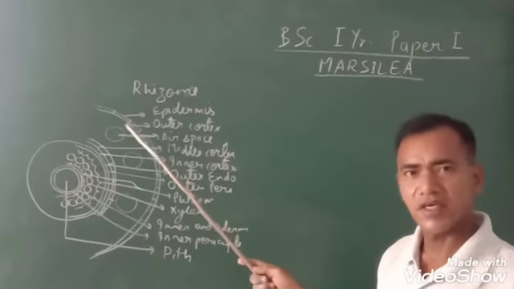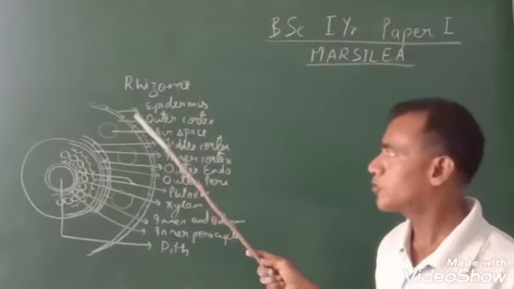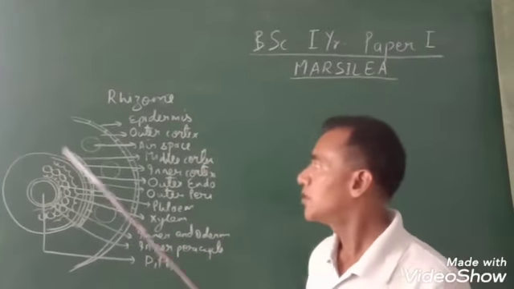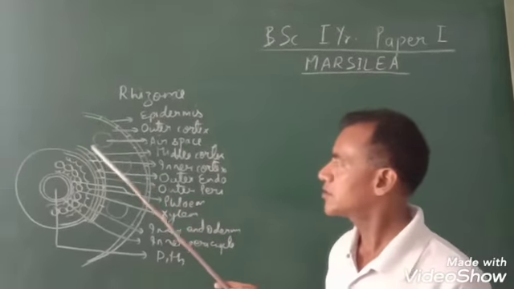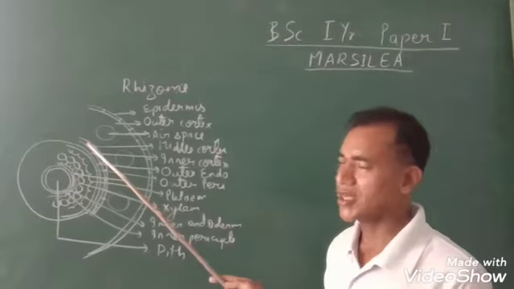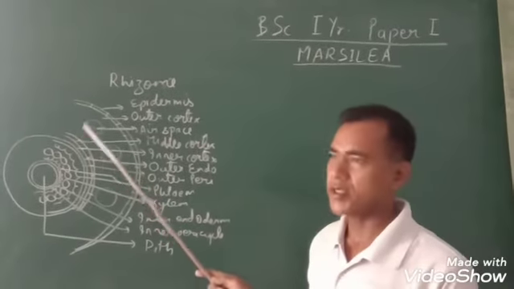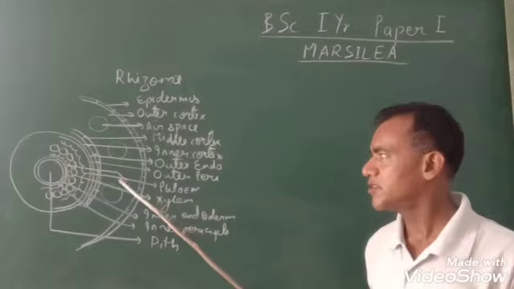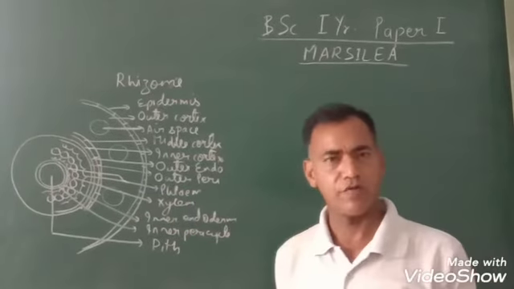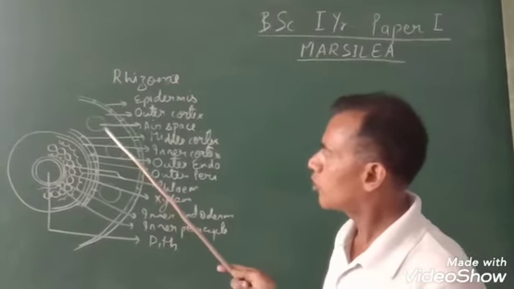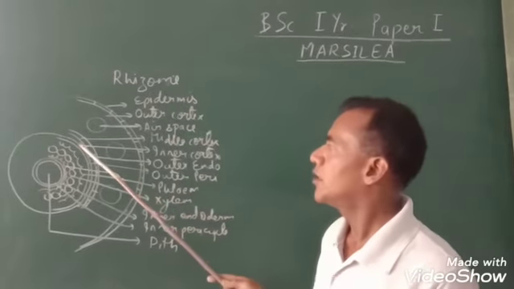Epidermis, which is single layered, continuous, without stomata. Cortex differentiated into 3 regions: outer parenchymatous, middle sclerenchymatous and innermost parenchymatous. The outer cortex has many air spaces, which is characteristic of hydrophytic nature, separated by a stretch of parenchymatous cells.